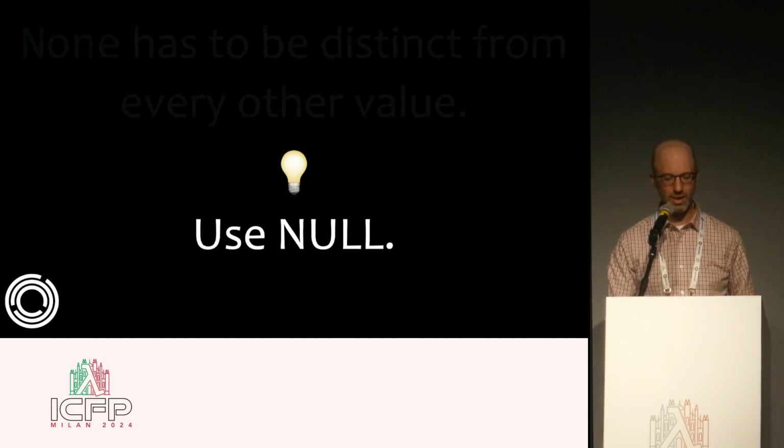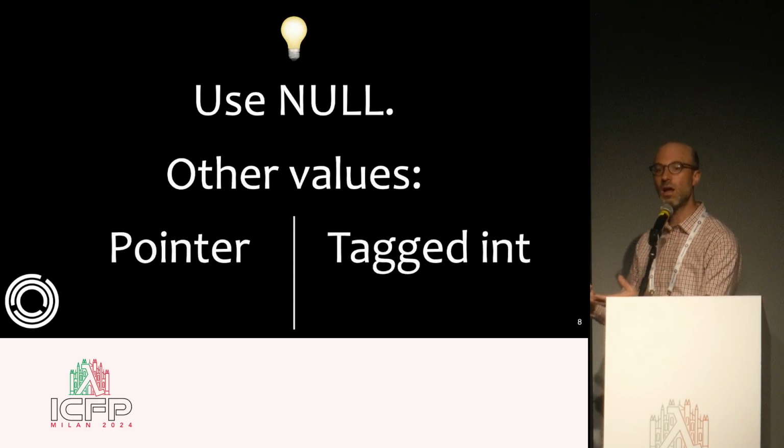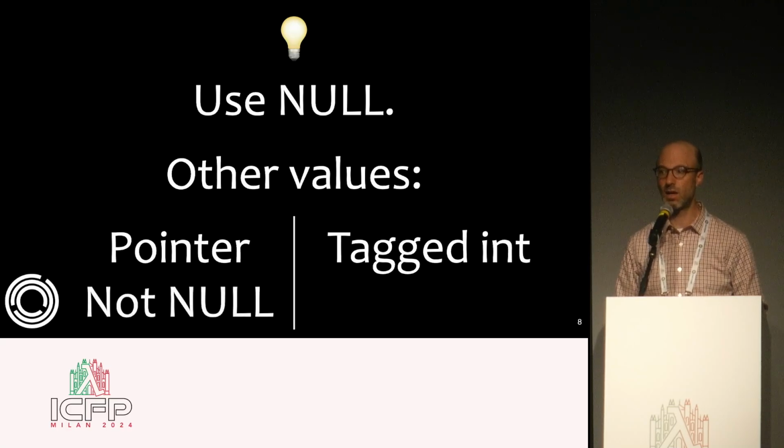Well, here's an idea. Let's just use null. What do I mean by that? Here I'm using null to represent the bit pattern that's just all zeros. In contrast, other values, we can have a pointer. Well, a pointer isn't going to be all zeros because it's going to be a pointer to some valid memory address. So that's not null. Or we might have a tagged int.